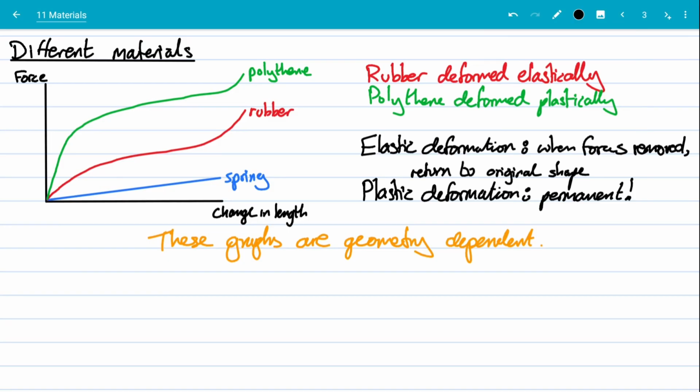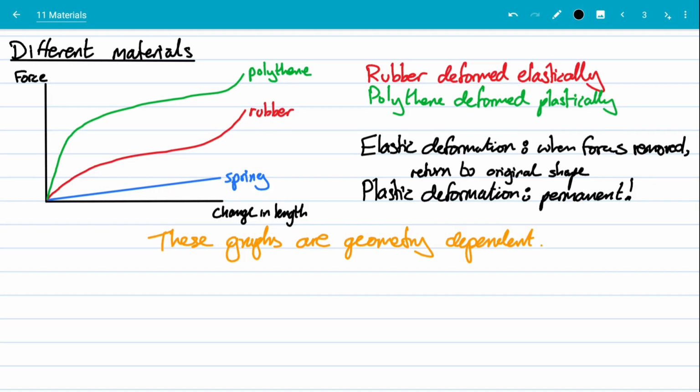I need it to be a certain strength. I need it to have a certain extension under a certain force. Well, that depends on the actual geometry we started with. So let's get the big book of steel girders out and have a look what different lengths and different diameters do and so on. That's not reasonable. So what we need is quantities to replace force and replace the change in length, which are independent of geometry.